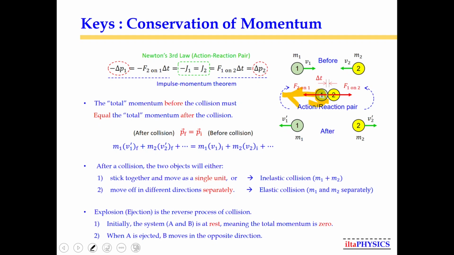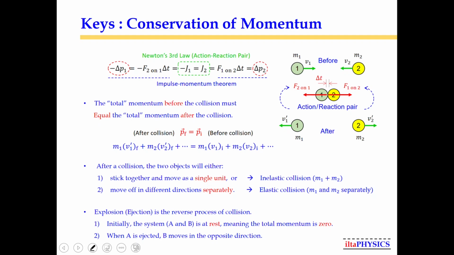The impulse acting on ball number 1 is the product of the force acting to the left and the time interval. This shows up as a change in momentum for ball number 1 according to the impulse-momentum theorem. Since ball number 1 is moving to the left, we use a minus sign to represent its physical quantities as negative values.